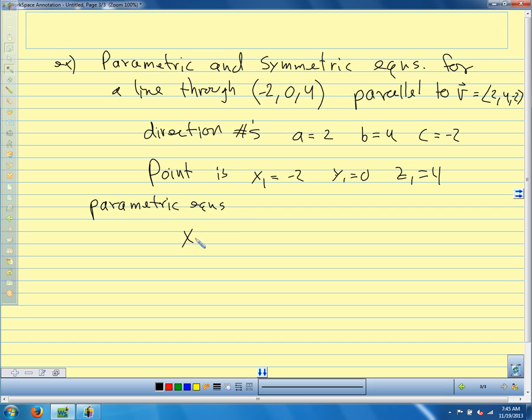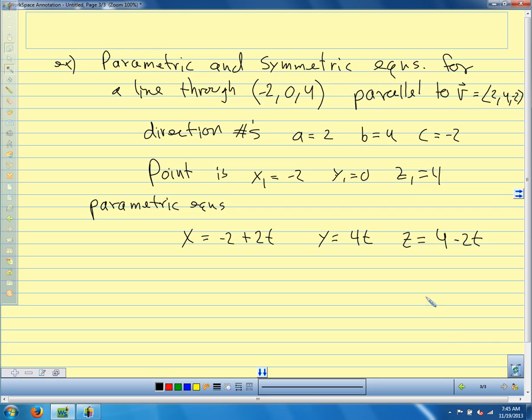So for our parametric equations, we write x equals -2 plus 2t. T is our parameter. Y equals 0 plus 4t. And z equals, sorry, got that backwards, 4 minus 2t.